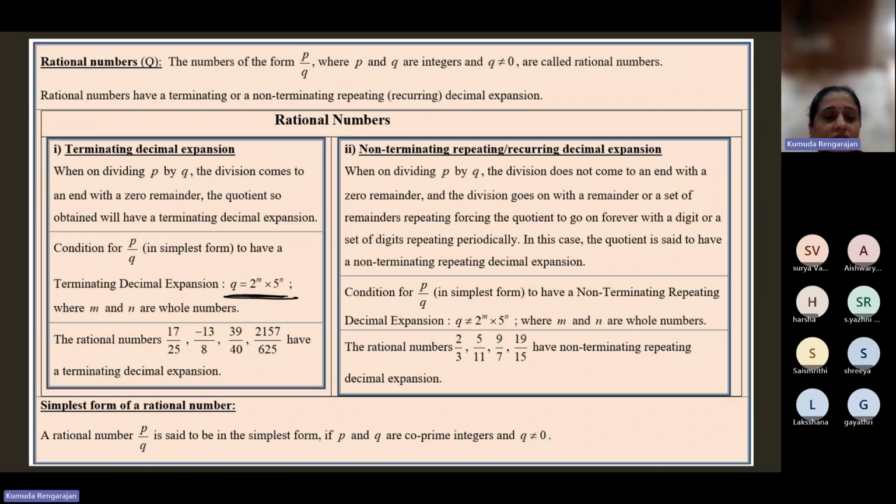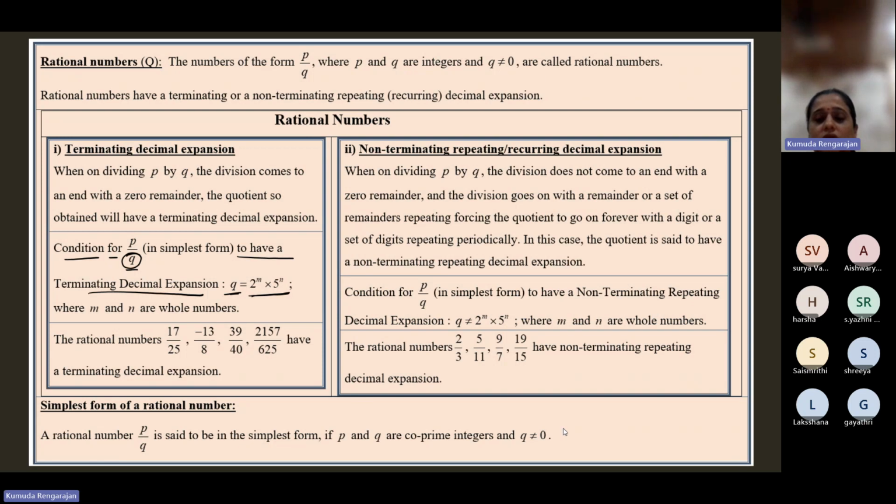The condition for p by q in the simplest form to have a terminating decimal expansion: it should be possible to express the denominator q in this form, 2 to the power m into 5 to the power n, where m and n are whole numbers.